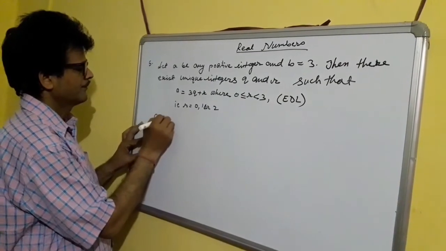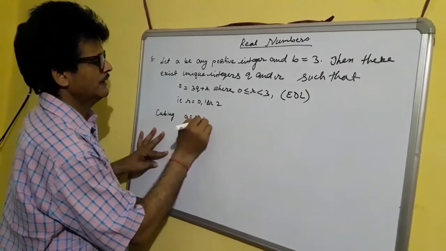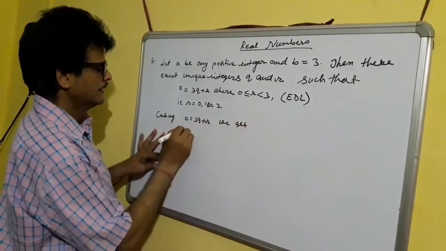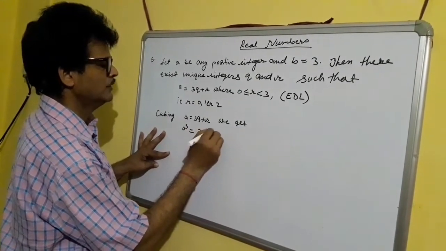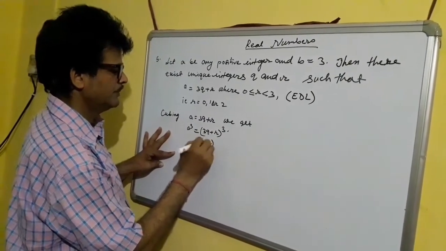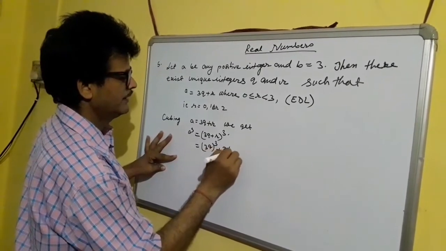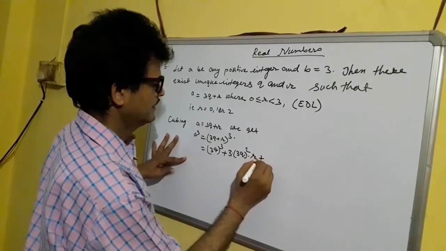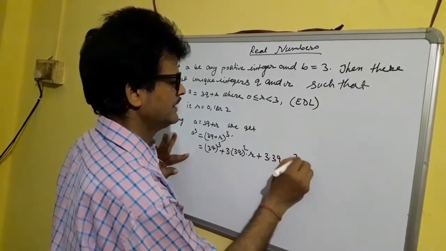Cubing a is equal to 3q plus r, we get a cube is equal to (3q plus r) whole cube. Now we expand this: (a plus b) whole cube is a cube plus 3a square b plus 3a b square plus b cube.